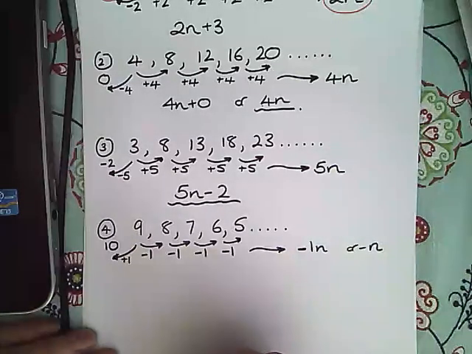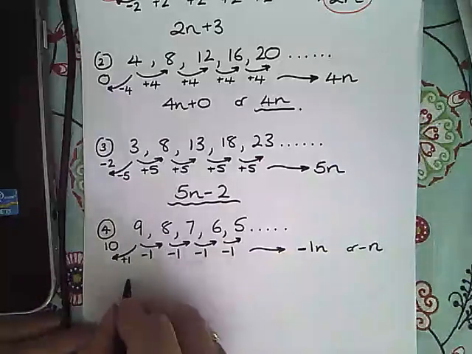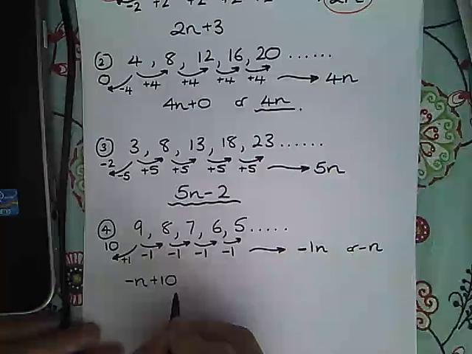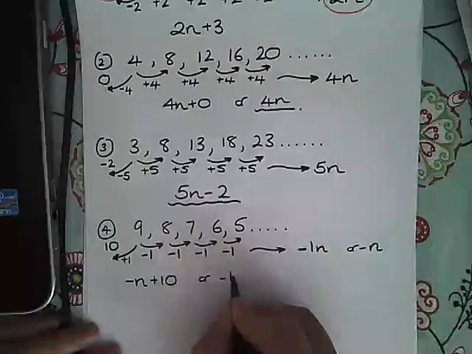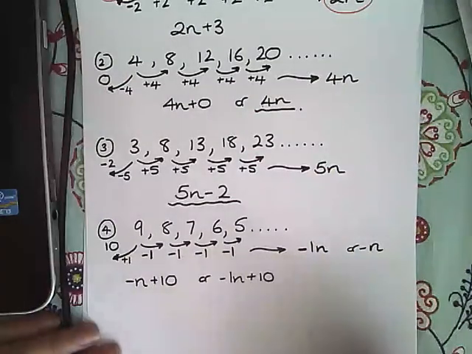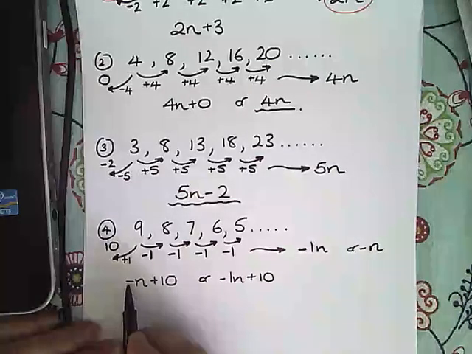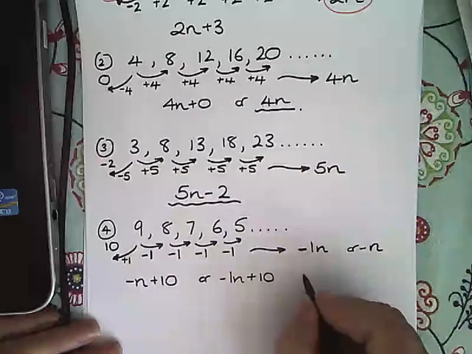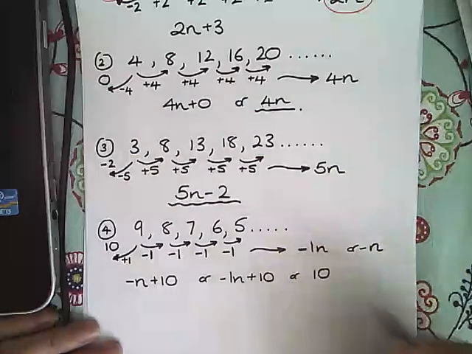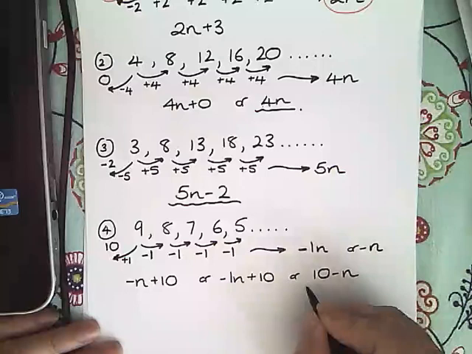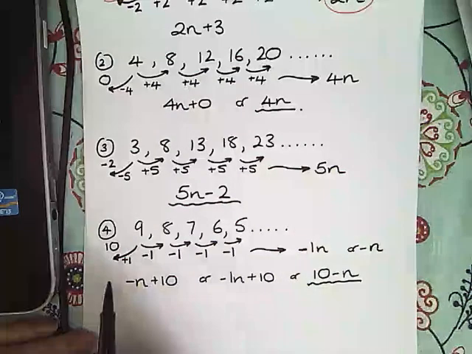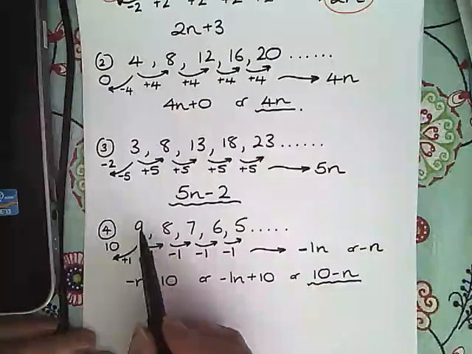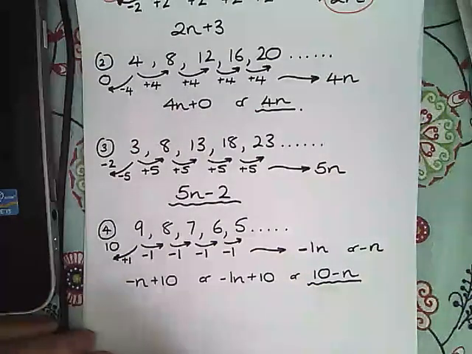So this sequence could either be described as minus n plus 10, or minus 1n plus 10, or more usually, to protect this negative sign, because it could easily get lost when you're writing it down, we would write 10 take away n. And you can see if I do 10 take away 3, the third term, that is 7, that is the third term.